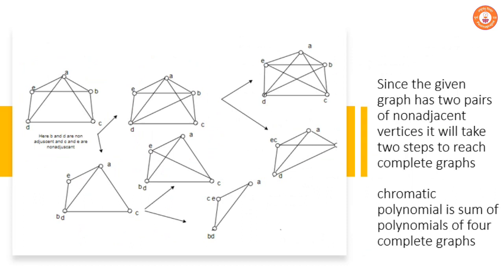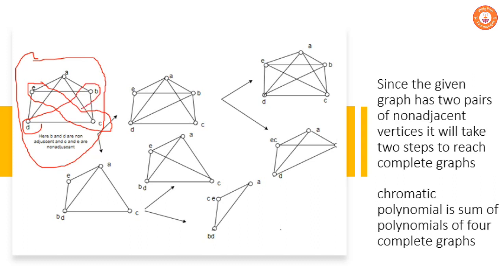Look at this example. Here we have chosen a 5 vertex graph. There are two pairs of non-adjacent vertices. One is E and C. Another one is B and D. Therefore, we have to find the chromatic polynomial in two steps.